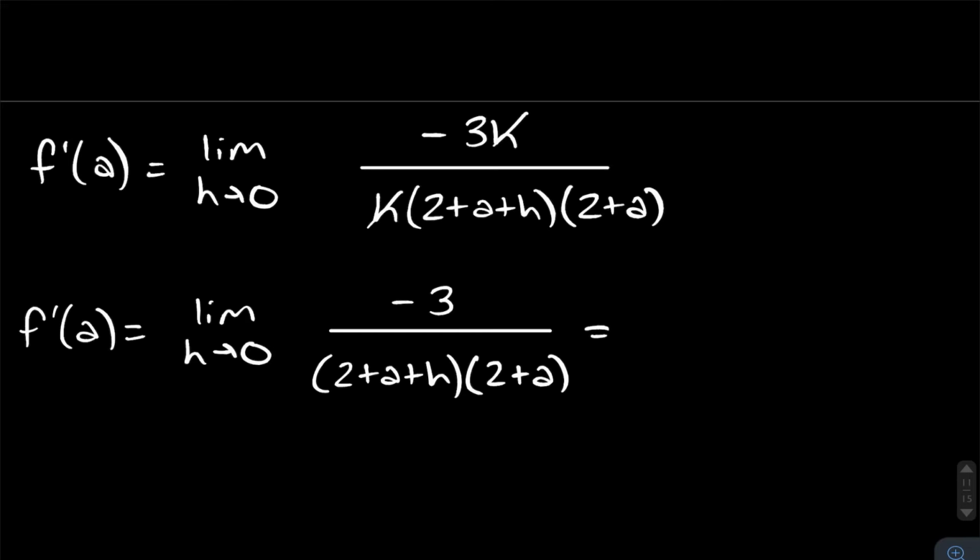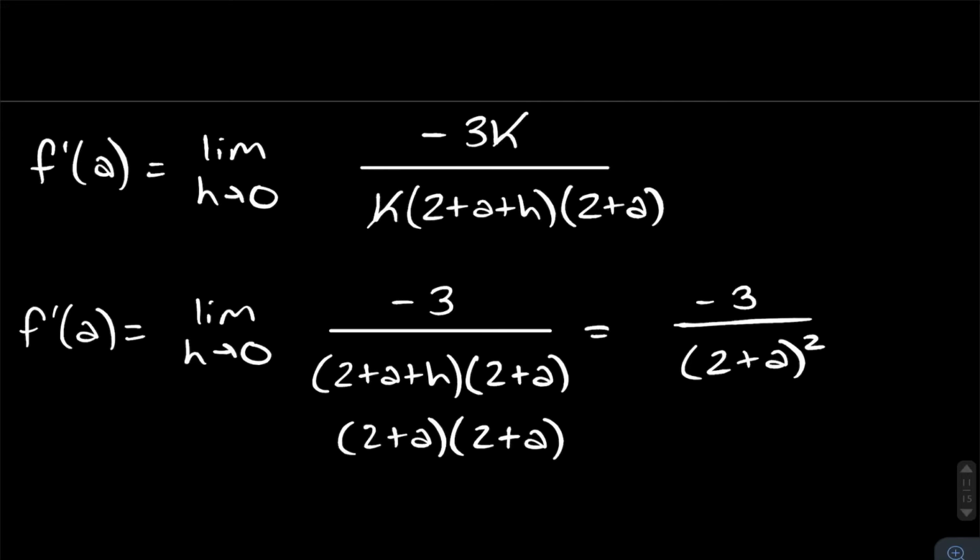And now we can plug in 0 for h, right? There's nothing stopping us now, because this h being 0 does not make our whole denominator 0. So this becomes negative 3 over 2 plus a squared. Right? We get a 2 plus a here. We get a 2 plus a here. And so we square it.